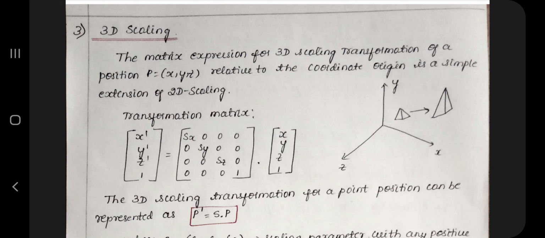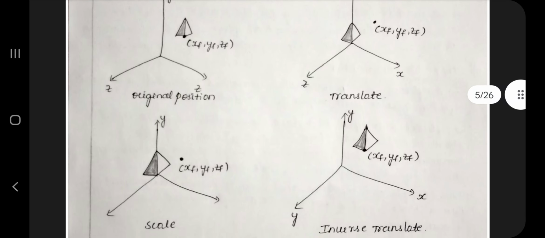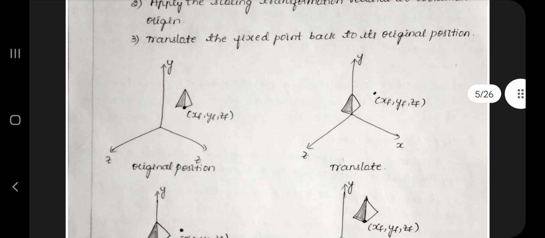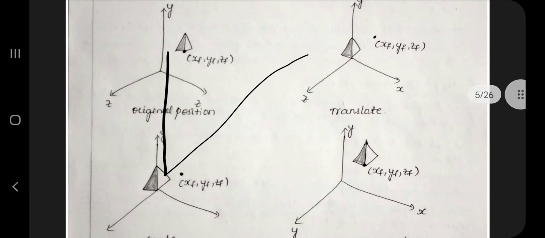So 3D scaling is here. Scaling is also the same, instead we just have a z value here. Just slight differences, not much, so I will not focus much on these concepts. The same thing we did in 2D, we are doing in 3D. In 2D, we translate to the origin, then scale, then translate back to the original position. Those are four steps: first step, second step, third step, fourth step.